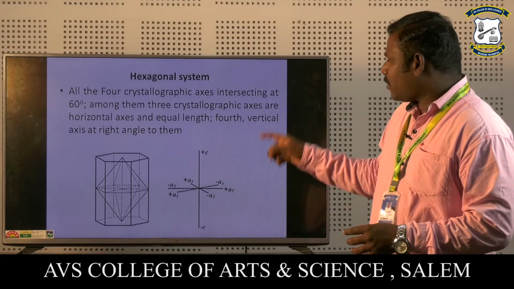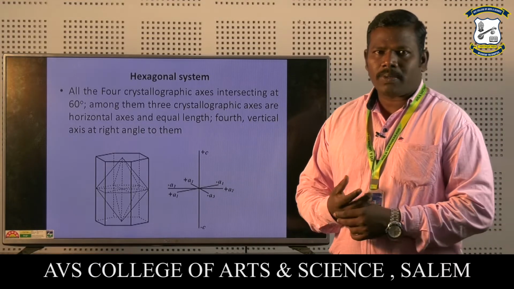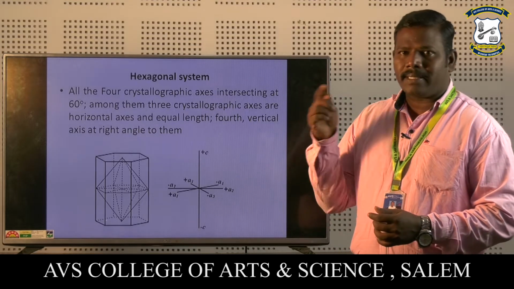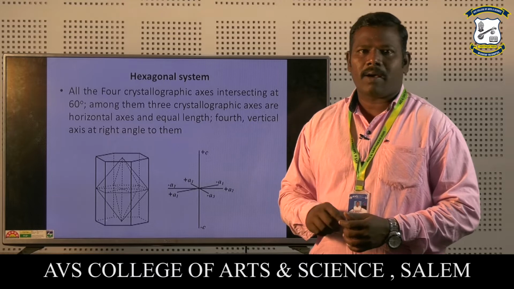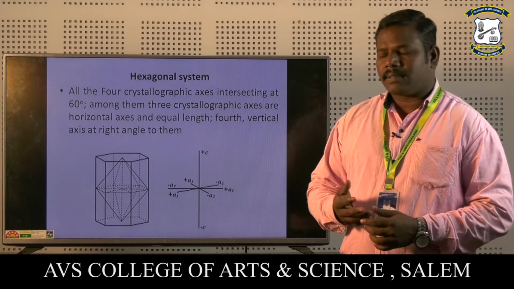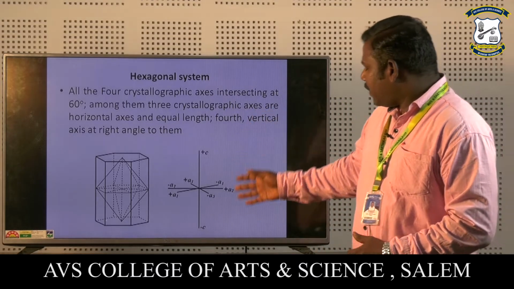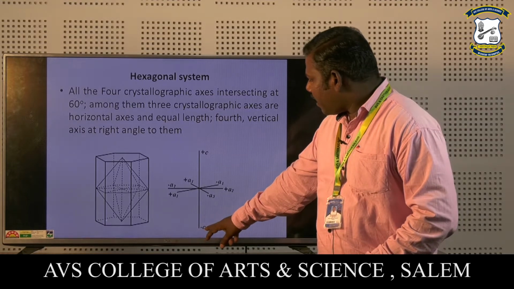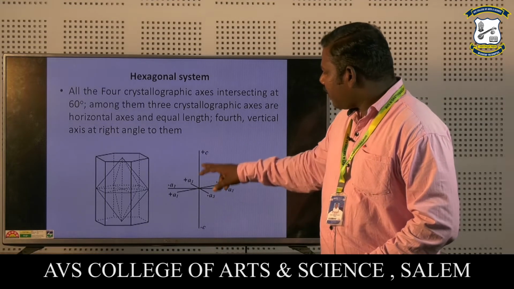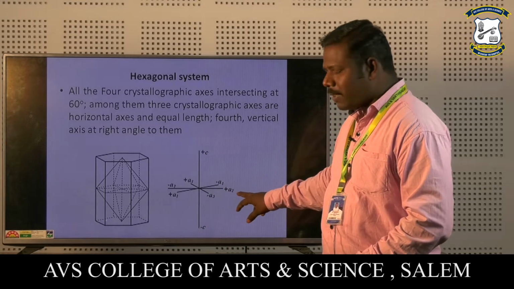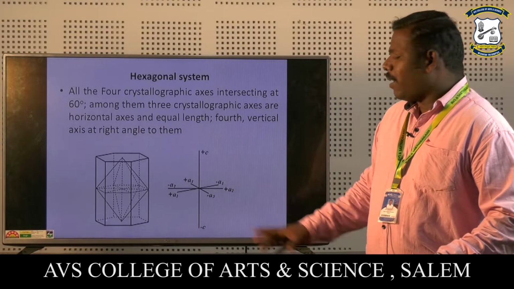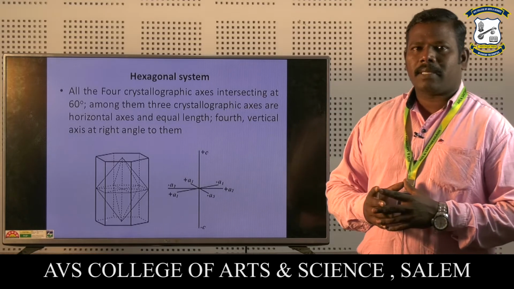The one vertical axis may be shorter or longer, and intersects the rest of the crystallographic axes at 90 degrees, or right angles. Here we can see the vertical axis, and the A1 axis here, the A3 axis here and the A2 axis here. This is the accepted orientation for this crystallographic system.